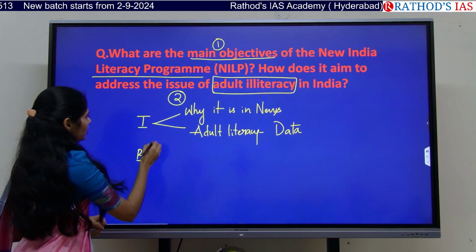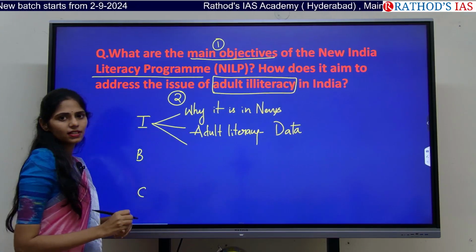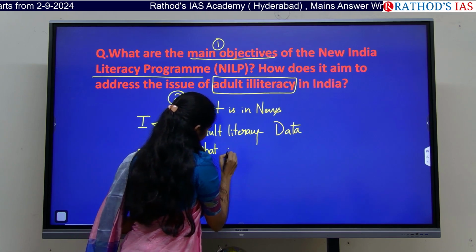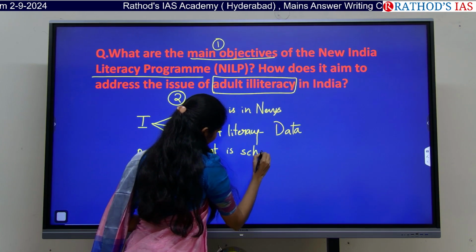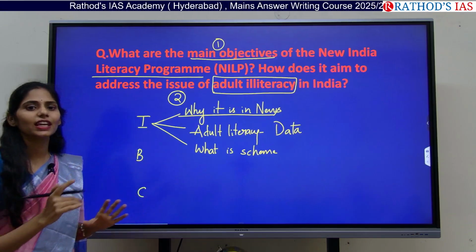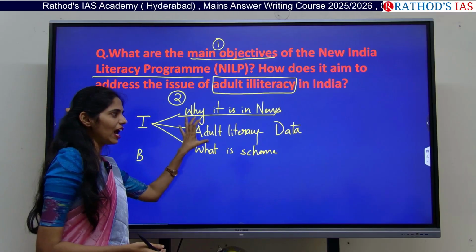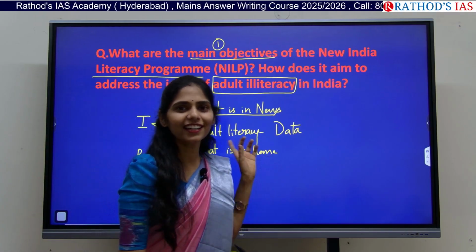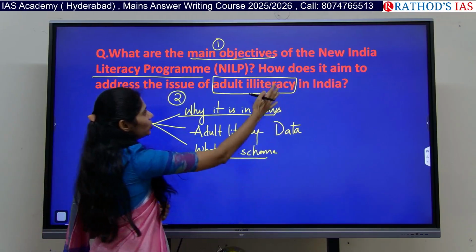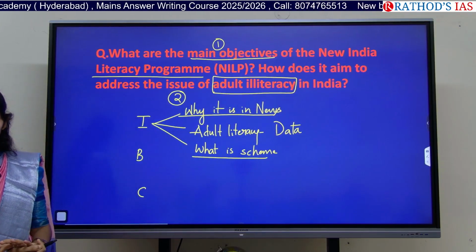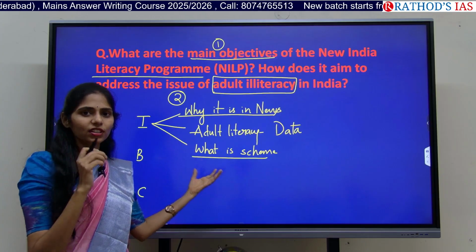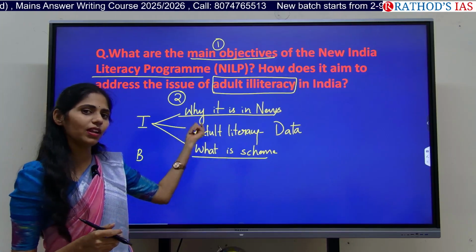And third, you can write what the scheme is about. So first, everyone knows why this scheme is in use; second, you have to search for the data regarding adult literacy in India; and third, you can write that this New India Literacy Program is focusing on improving adult literacy in India, or else you can write the features of this scheme in the introduction.